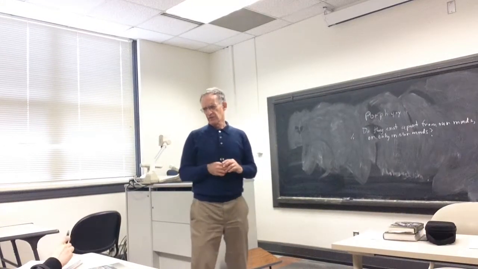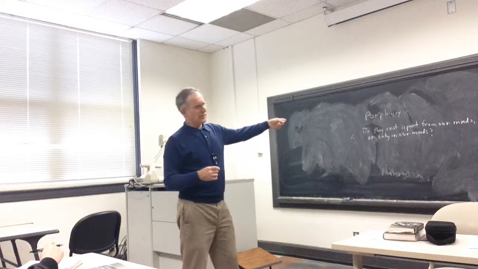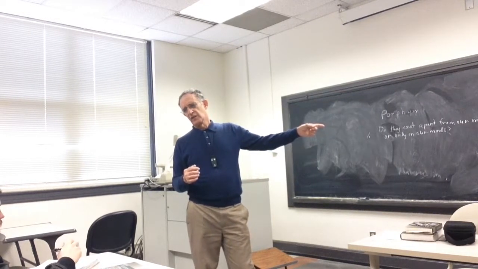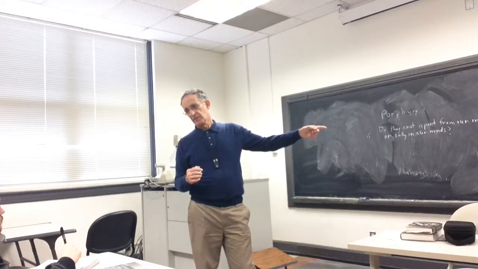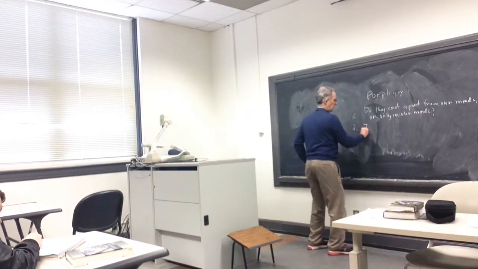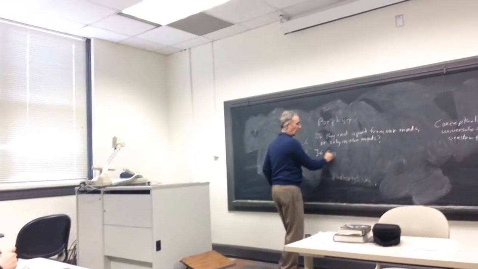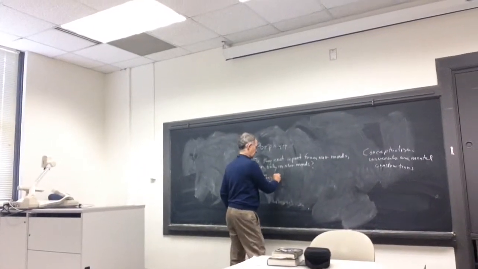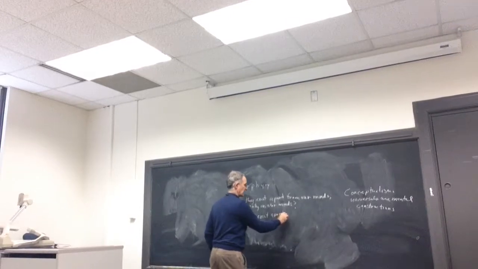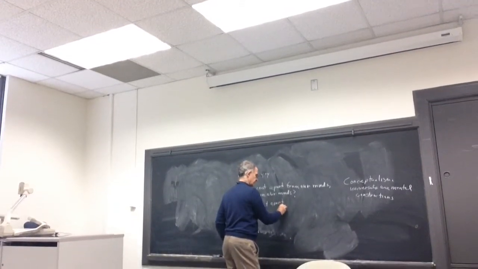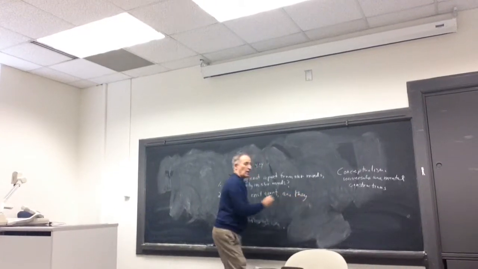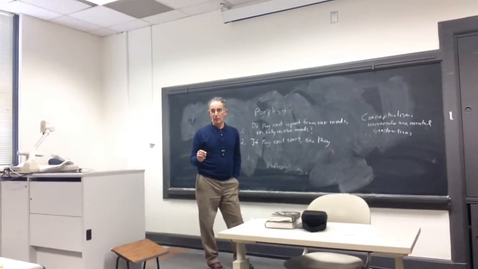So that's the conceptualist. If you answer no to this, then you're going to say that universals exist apart from the mind. So the next question was, if they exist apart, are they corporeal or incorporeal?